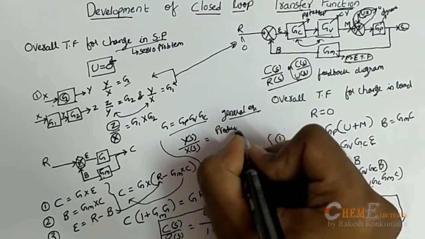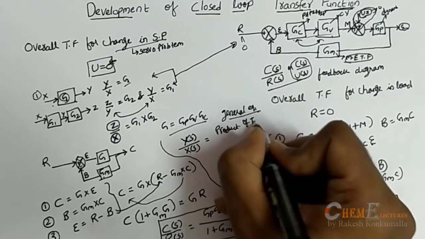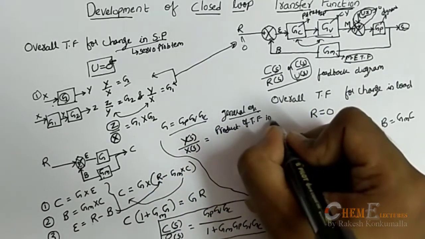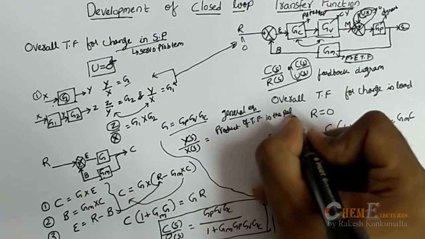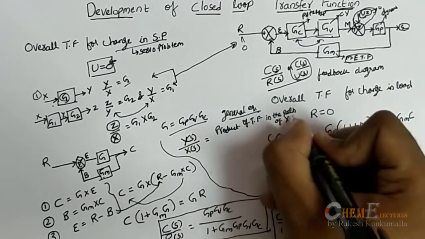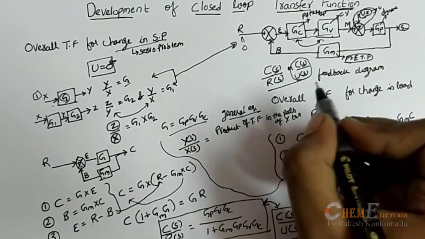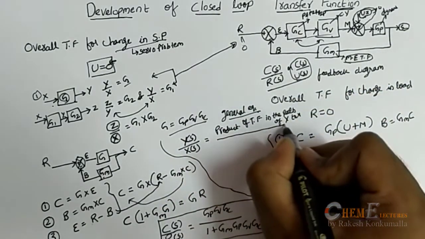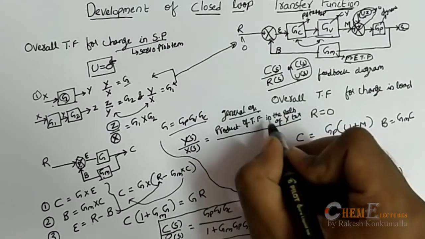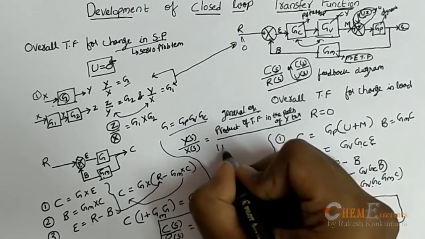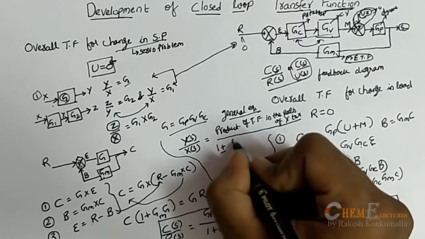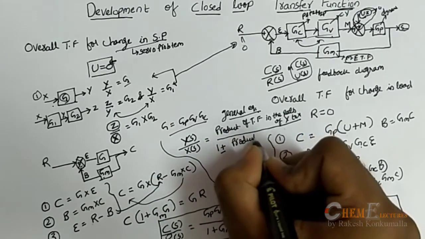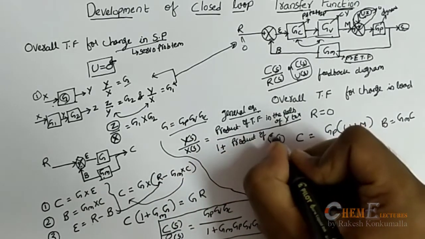product of transfer functions in the path of y to x. So when you just backtrace from y to x, whatever comes in the loop, that product of transfer functions you need to mention here, divided by 1 plus or minus product of all transfer functions in the loop.